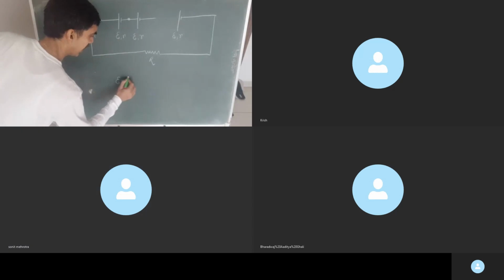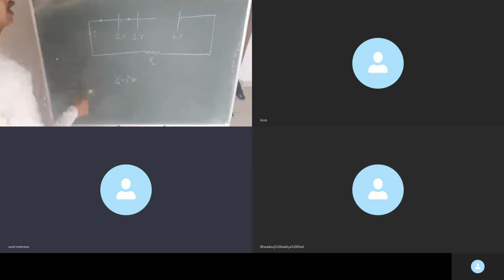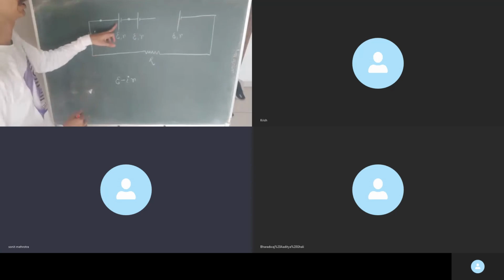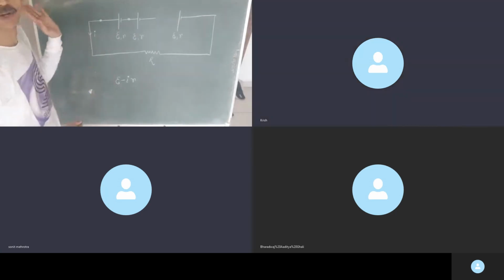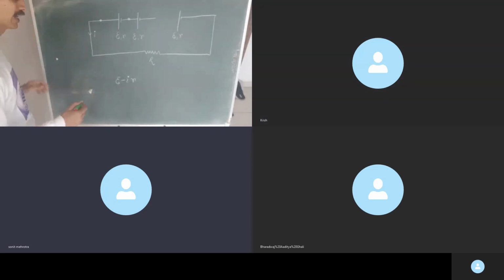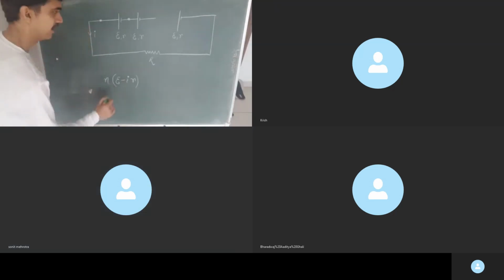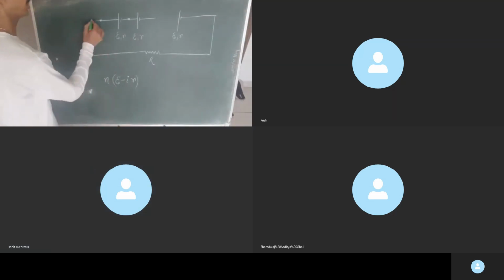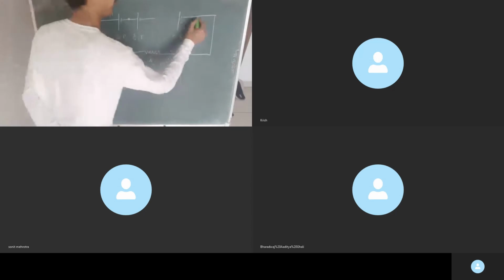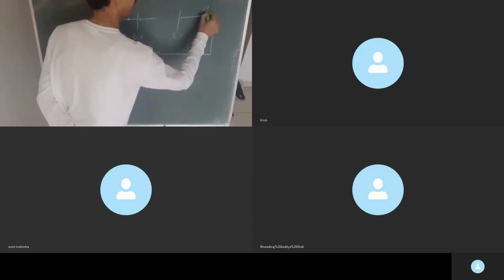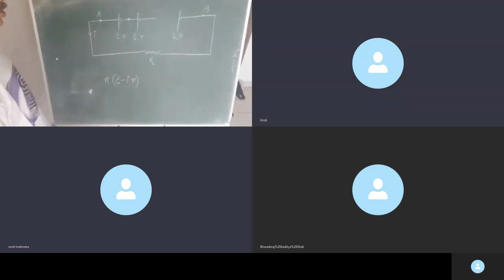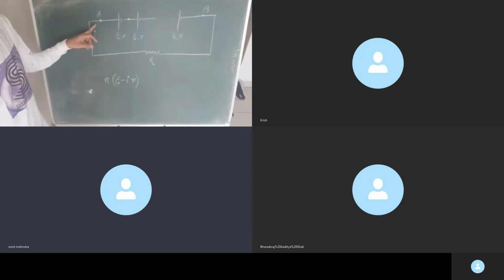E minus Ir, right? For one cell, we have learned just now. Multiplied with n, this will get me the total potential difference across points A and B, right? Yes, sir.